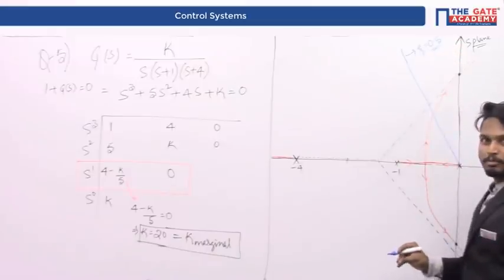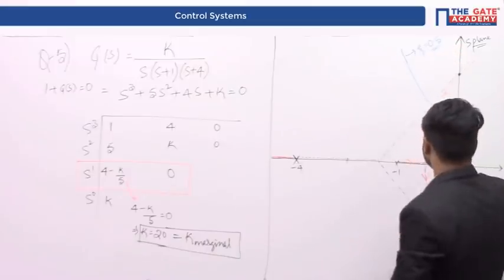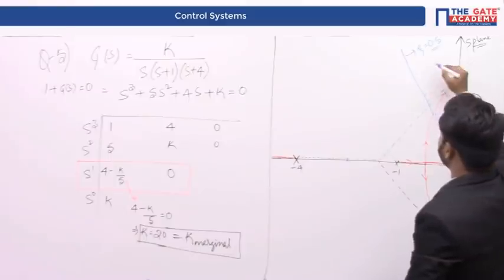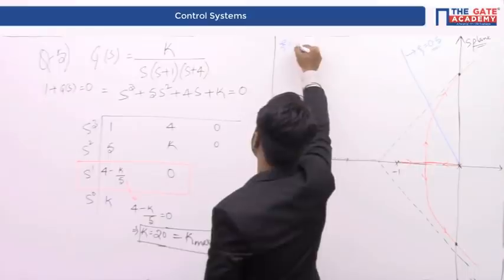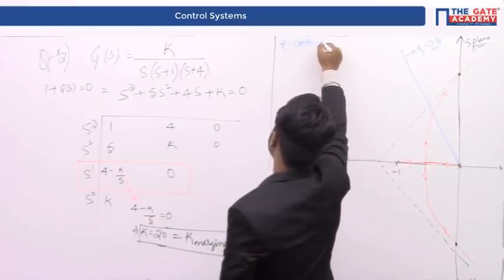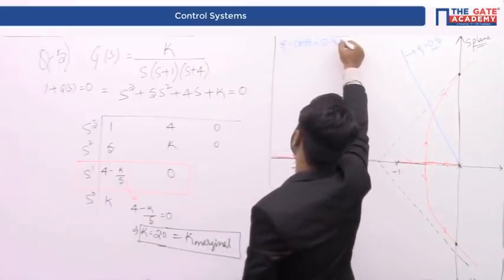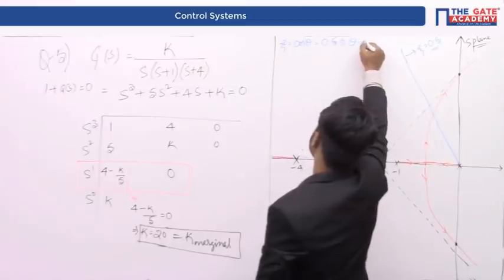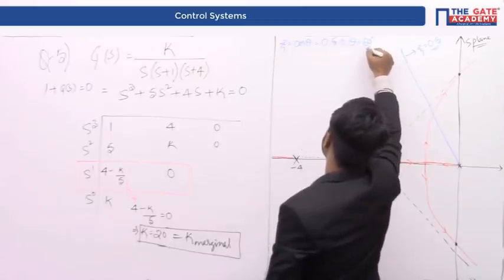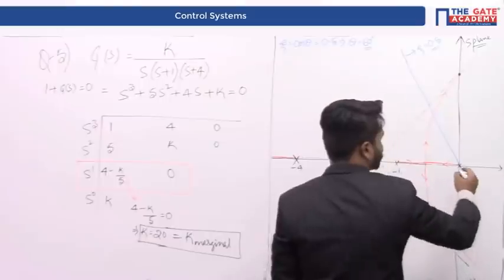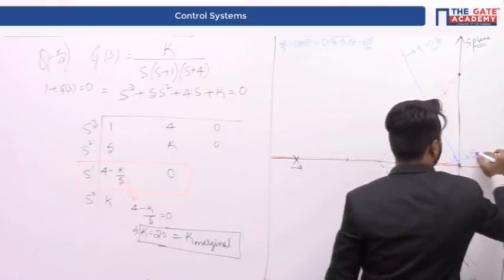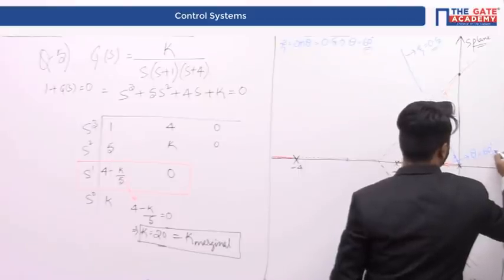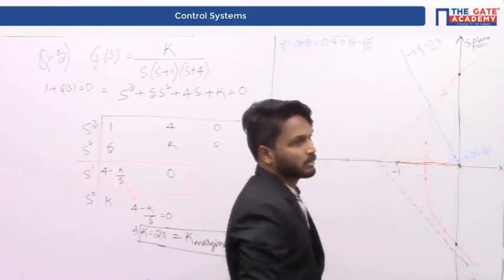If zeta is 0.5, we need to calculate the value of theta. So zeta is nothing but cos theta. If this is equal to 0.5, that implies theta is equal to 60 degrees. This particular angle theta is equal to 60 degrees.